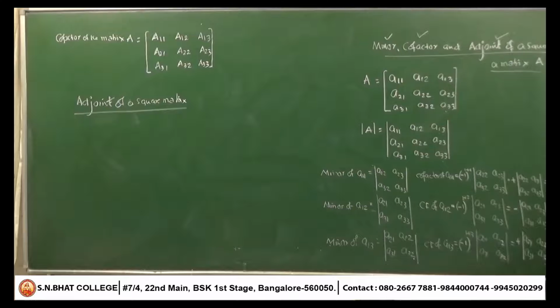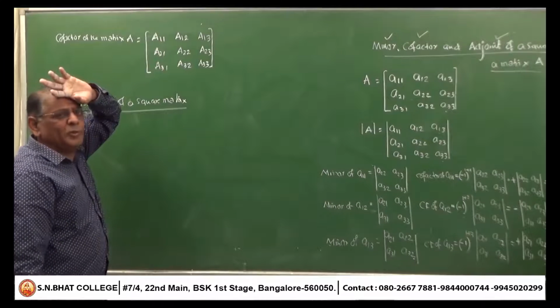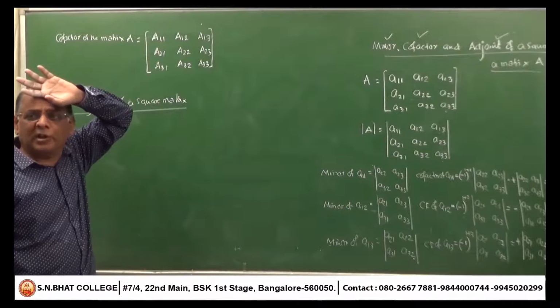Take the definition. The adjoint of a square matrix is the transpose of the cofactors of the matrix A. Transpose means interchanging of rows and columns.